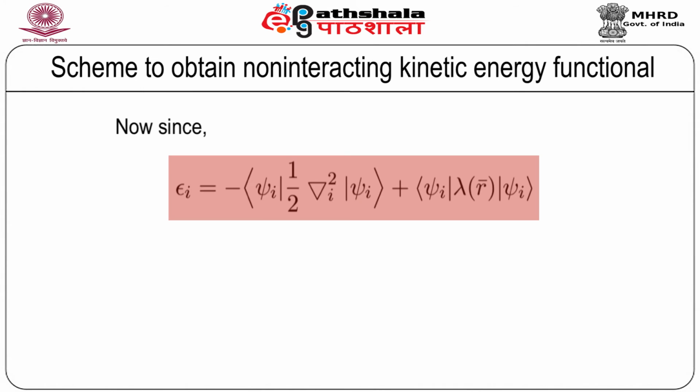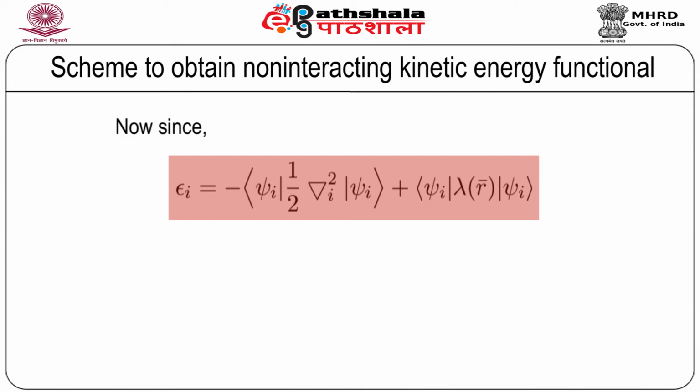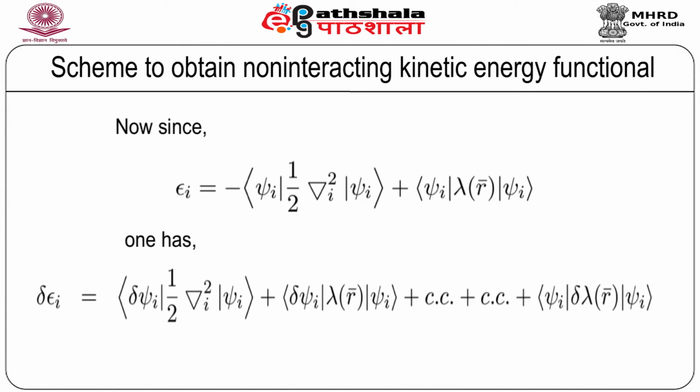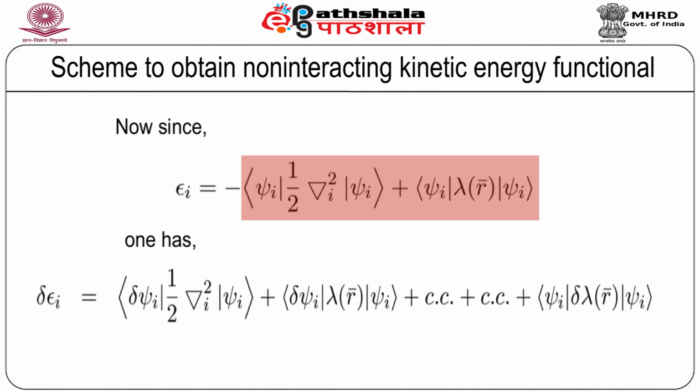Now since one has epsilon I equal to the integral of psi I times half of del I squared times psi I plus psi I times lambda times psi I, one can take the variation of this epsilon I, which is given by delta epsilon I, by taking the variation of the right-hand side, and that gives rise to the following different contributions.